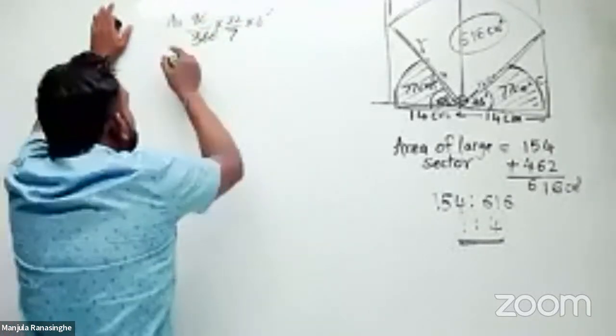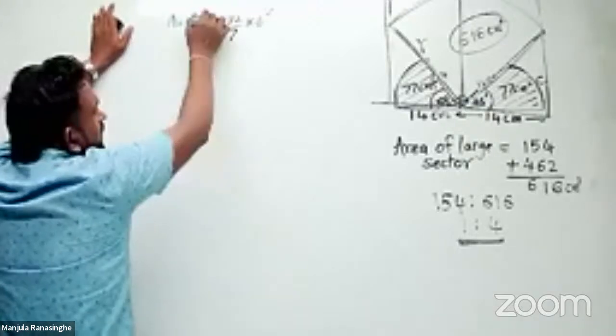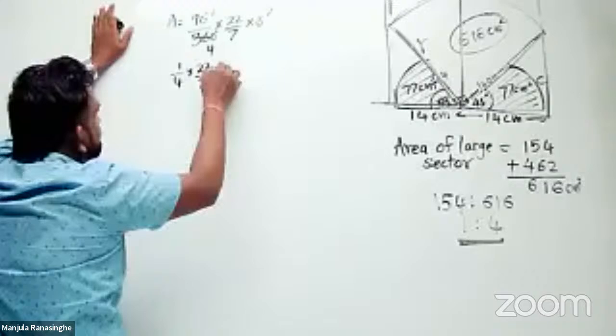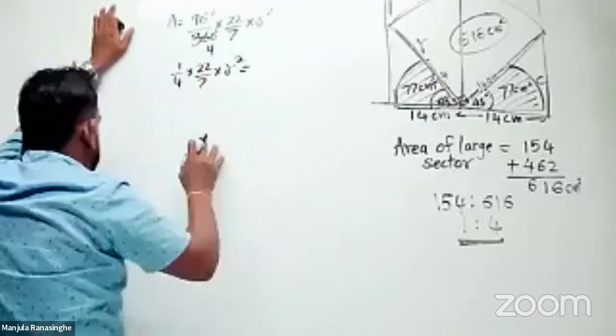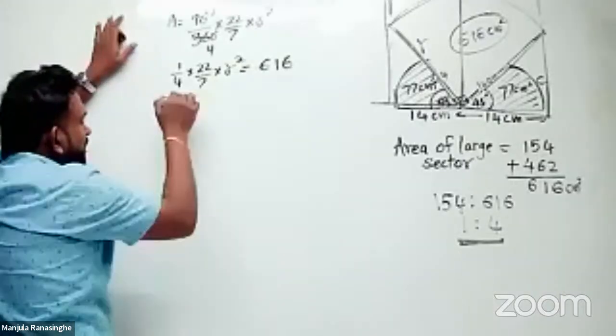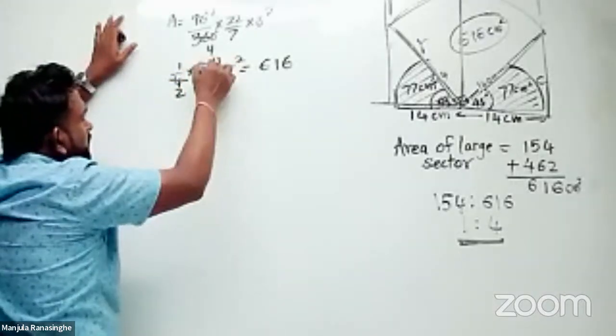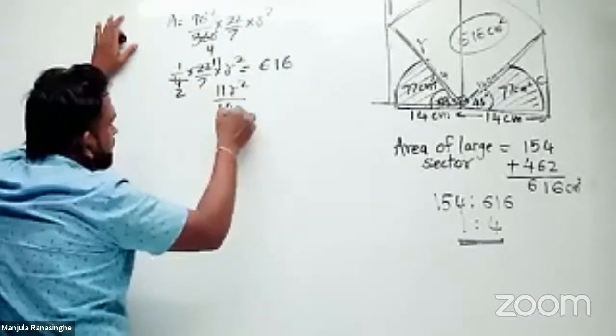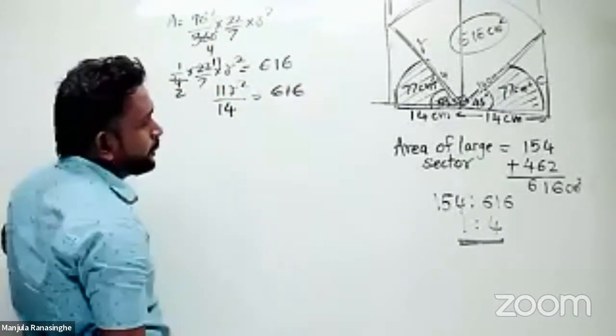So you can simplify: 1/4 into 22 upon 7 into r squared equals the area 616. Now you can see 11 r squared upon 14 equals 616.